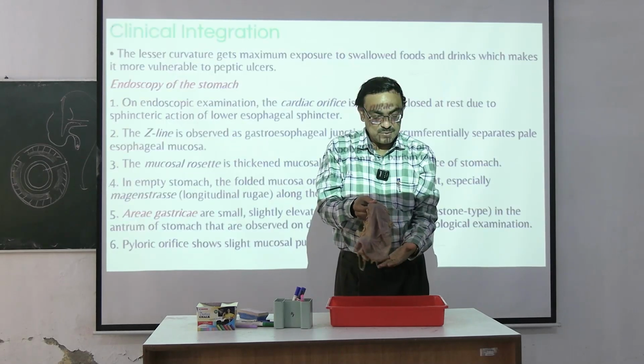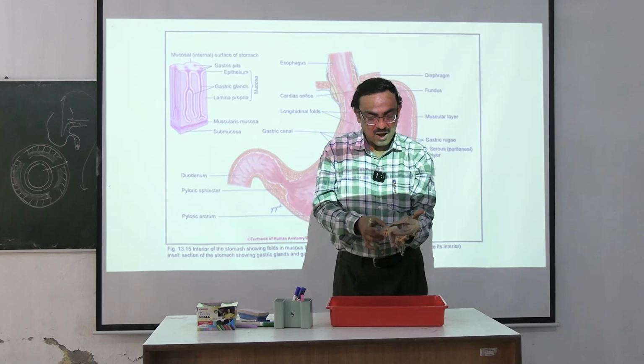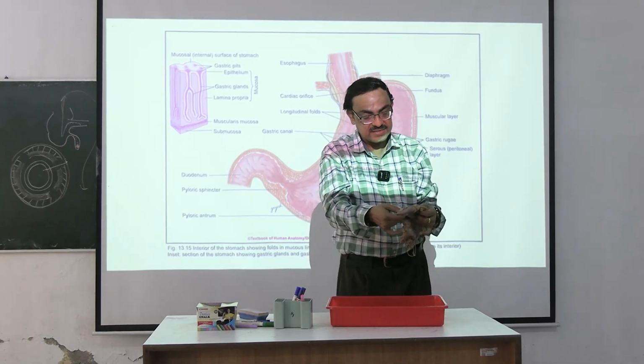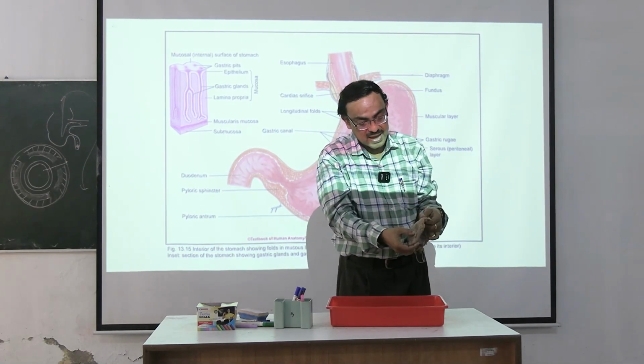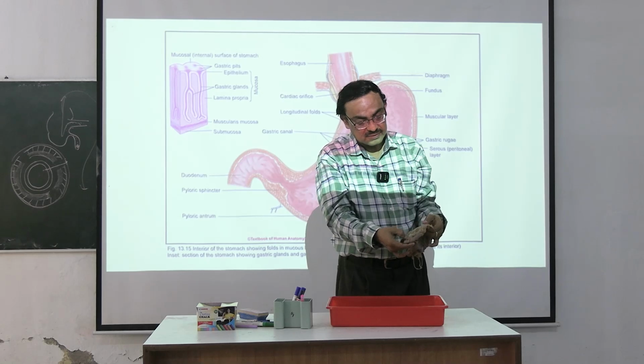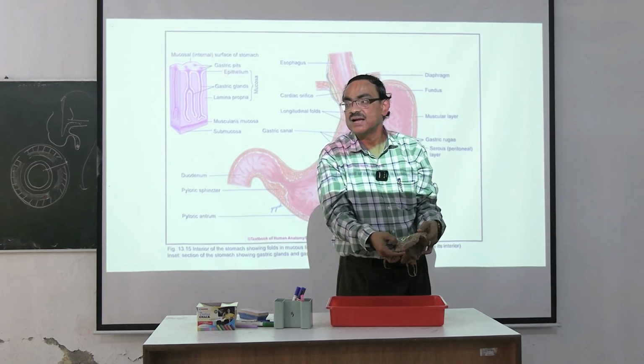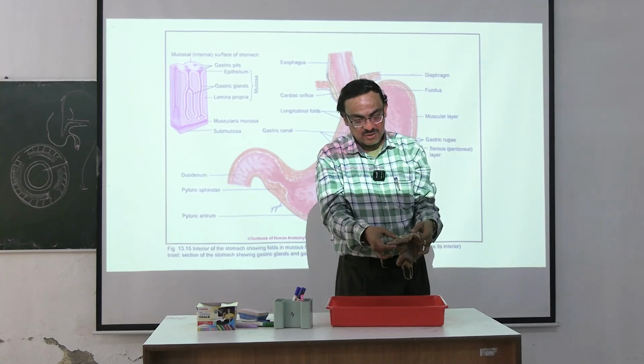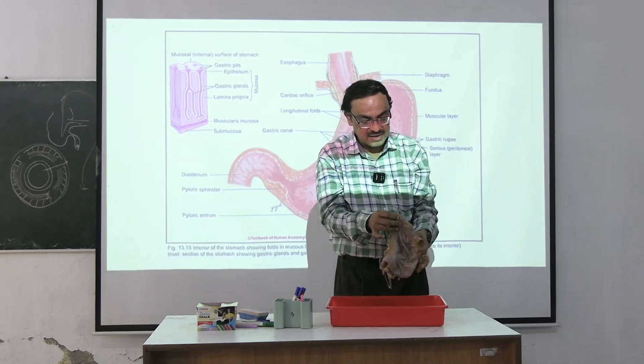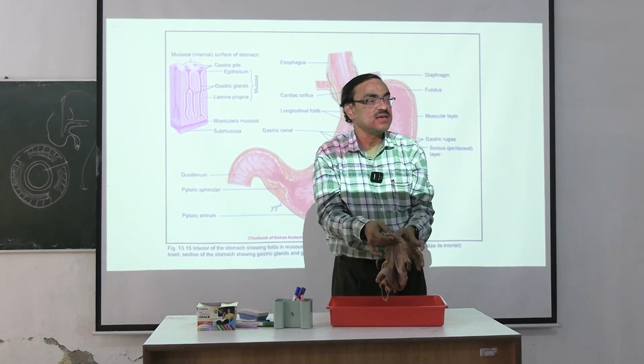So how can we identify the anterior and posterior? There is a bare area near the cardiac end, on the posterior surface, which is called the bare area of the stomach.